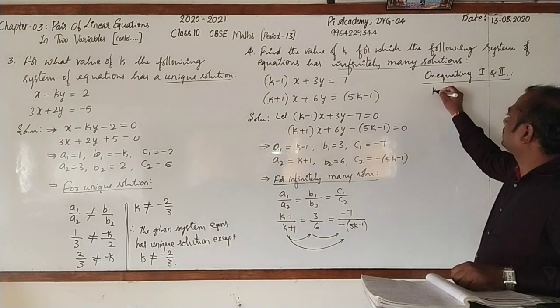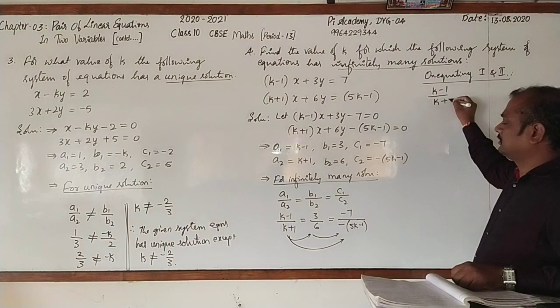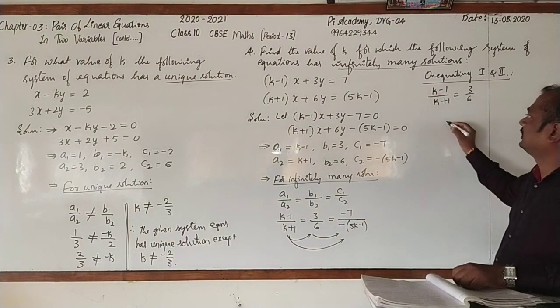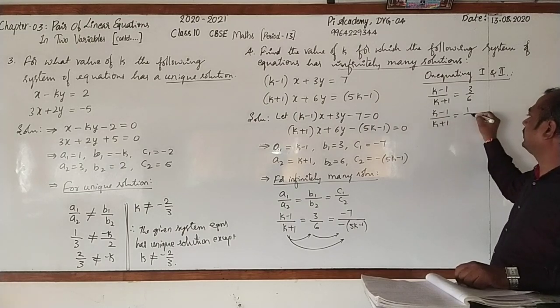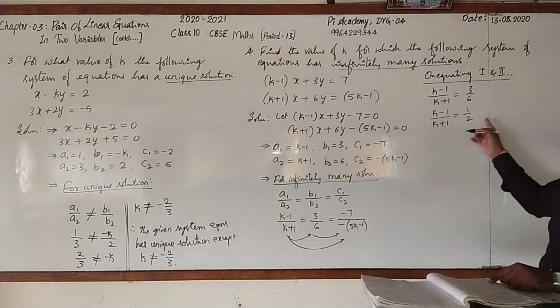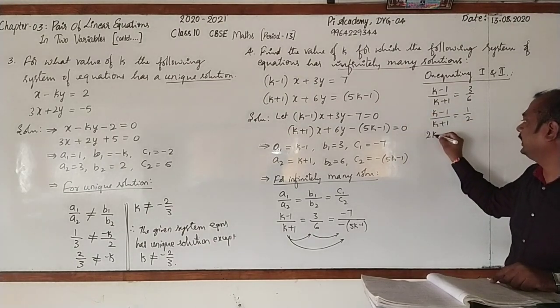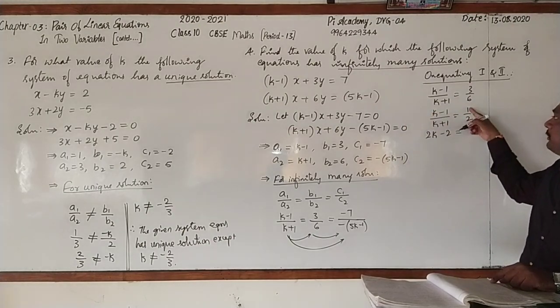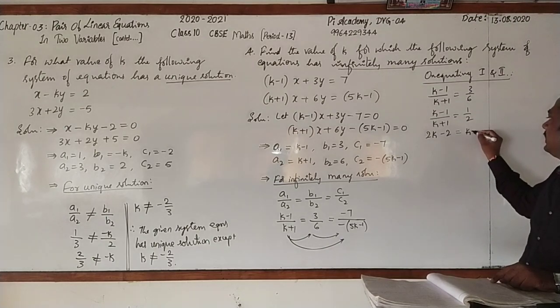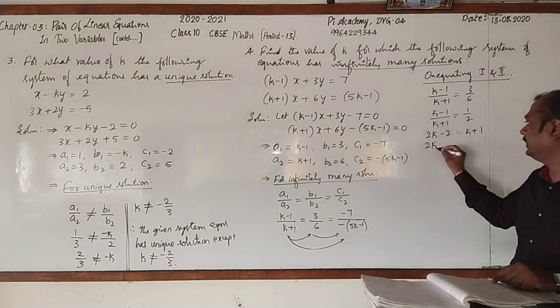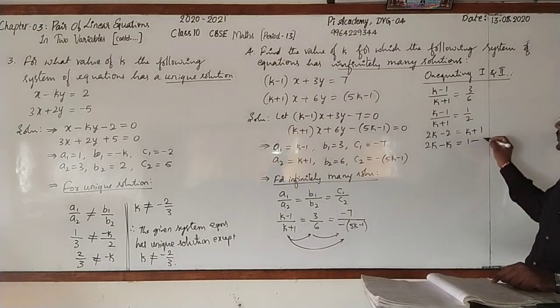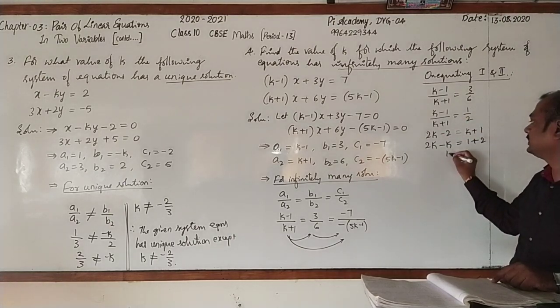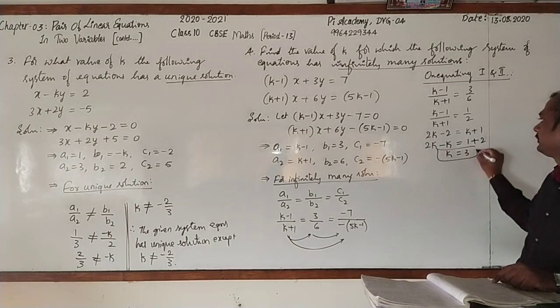Nothing but k minus 1 by k plus 1 equal to 3 by 6. Then k minus 1 by k plus 1 is equal to 1 by 2. Go for cross multiplication. Here 2k minus 2. Here k plus 1 into 1. It is k plus 1. 2k transfer k to the left hand side minus k. Transfer minus 2 to the right hand side plus 2. It is k equal to 3.